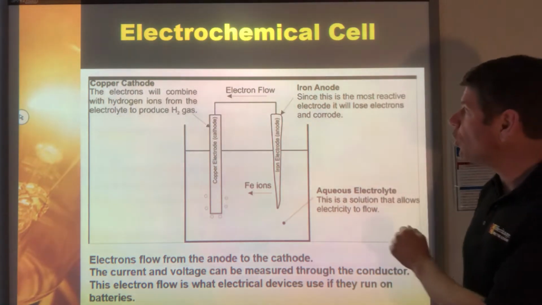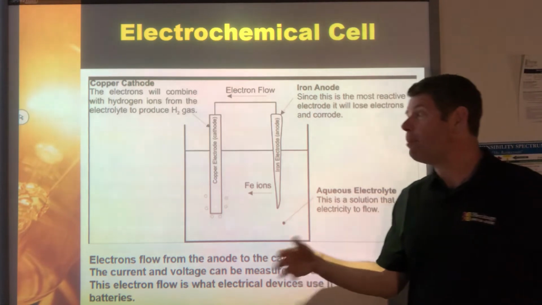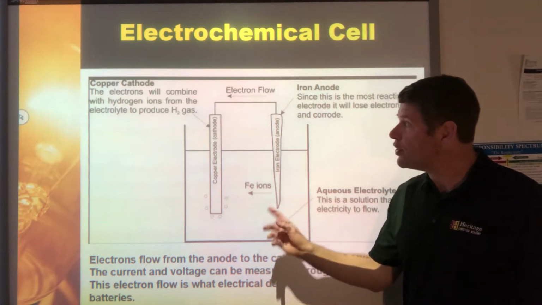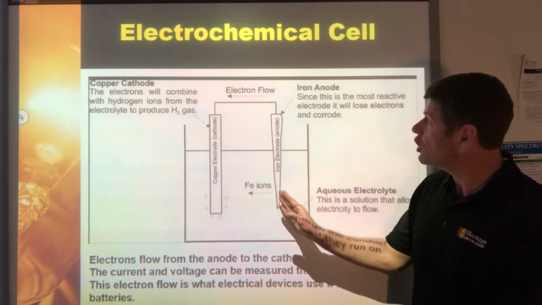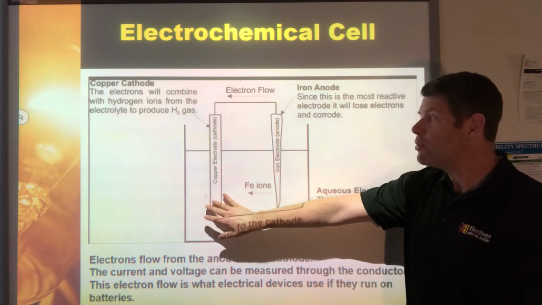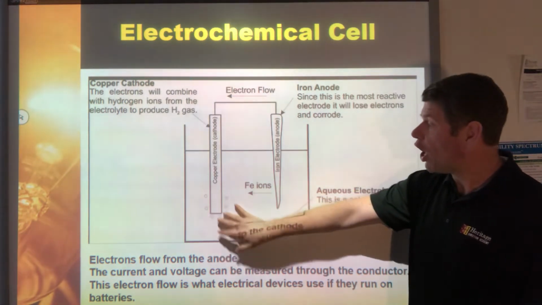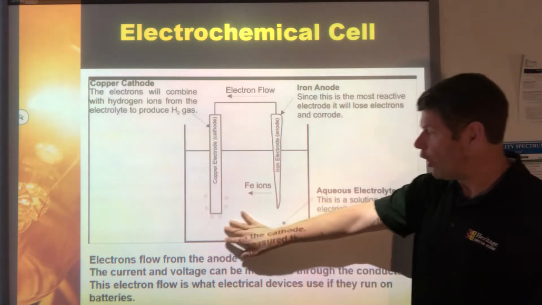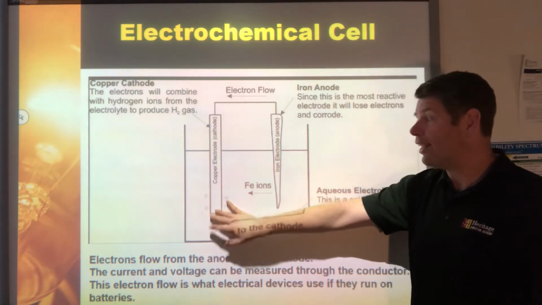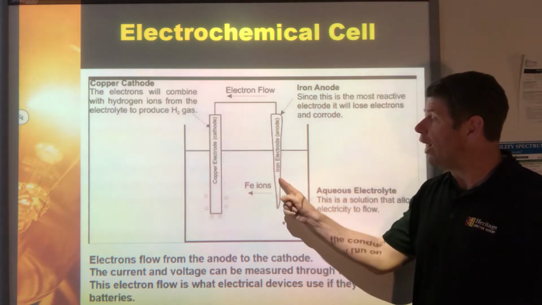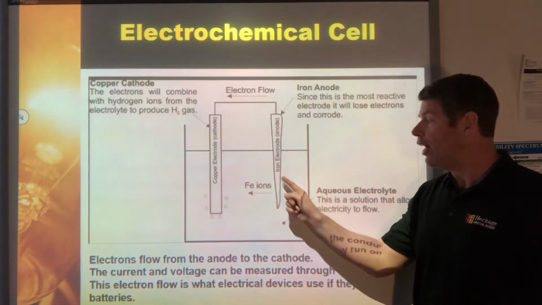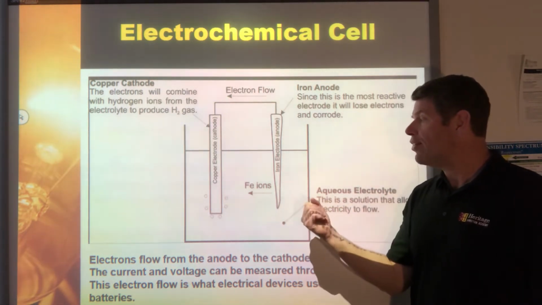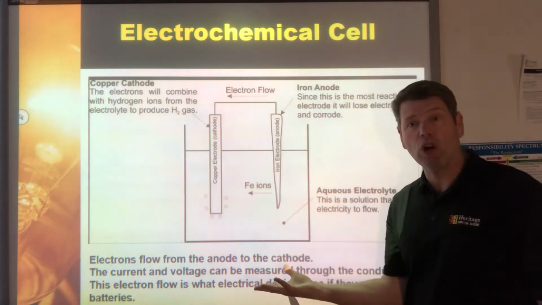All right, so what ends up happening here is that the copper in solution wants electrons, and the iron over here is the electrode that actually provides the electrons.